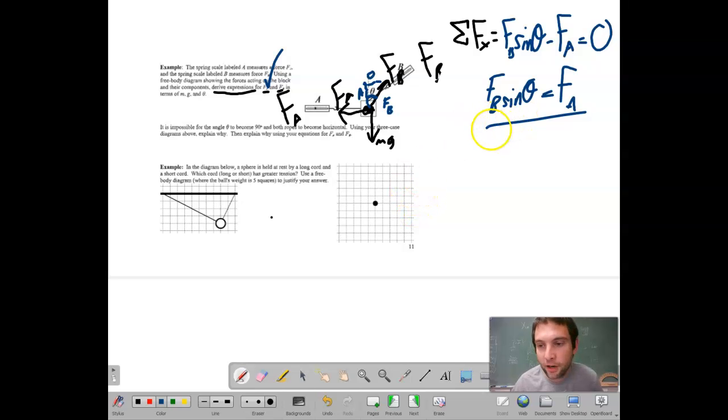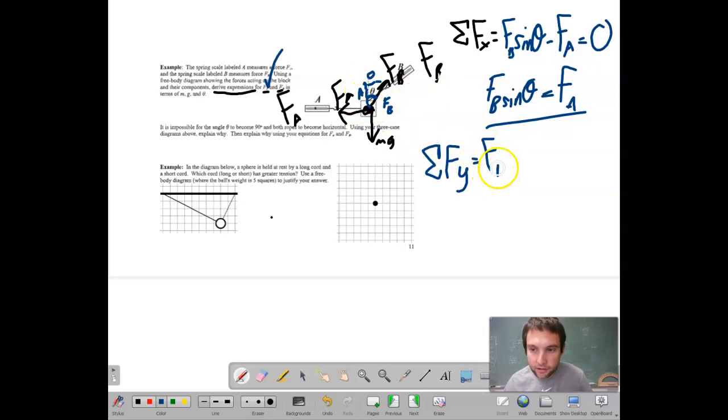Now let's go ahead and figure out what this FB equals. So the net force in the y direction. Now we're dealing with the adjacent side of the triangle. So adjacent, and we have the hypotenuse. So now in the vertical direction, if we're thinking of up as positive, then the stuff that makes it go is going to be FB cosine theta.